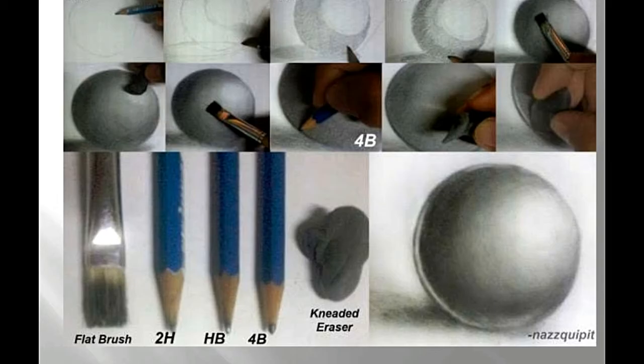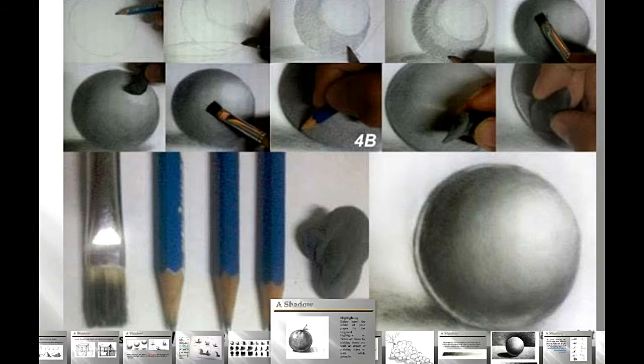Here are some materials you can use for shading. You can use the brush, hard tip brush or flat brush, kneaded eraser, soft and hard pencils.